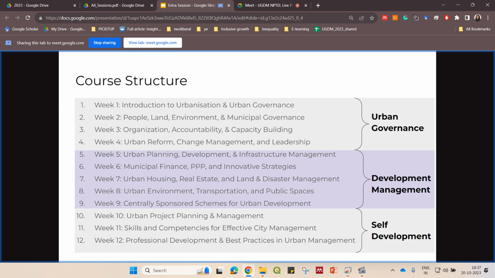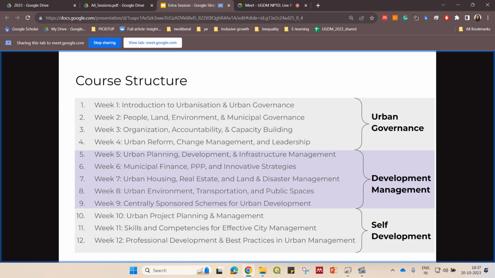Then you would have studied in detail a few schemes which include Amrut, the Smart City Mission, the Swachh Bharat Mission, Hriday, and PMAY and NULM. So this is what has been covered in the development management part of this course.